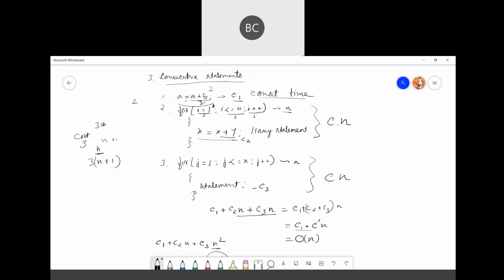This whole for loop is considered as a piece of code, a single statement, constant time. Then we have another for loop, taking cn time, and another for loop, which will again take cn time.